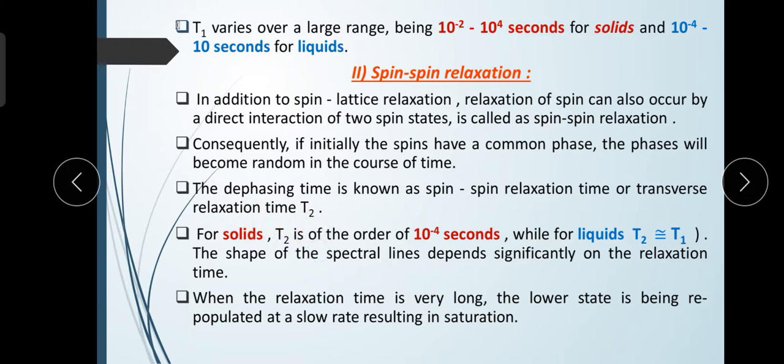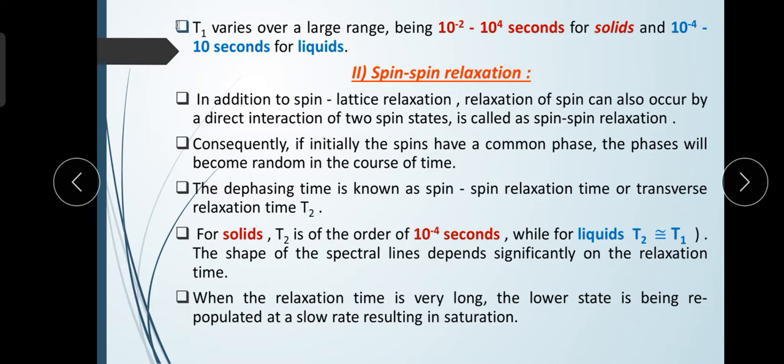That means there is an interaction between the two spins. That means there is a transfer of excess energy between these two spins, and the spin gets relaxed into the ground state again. So this is a non-radiative transition, but there is an energy transfer between the two spins, and the time required for this process is known as the relaxation time.